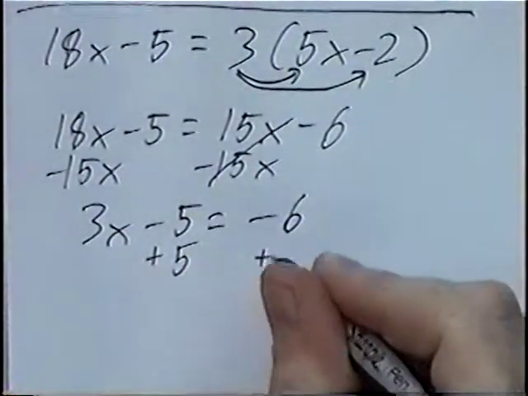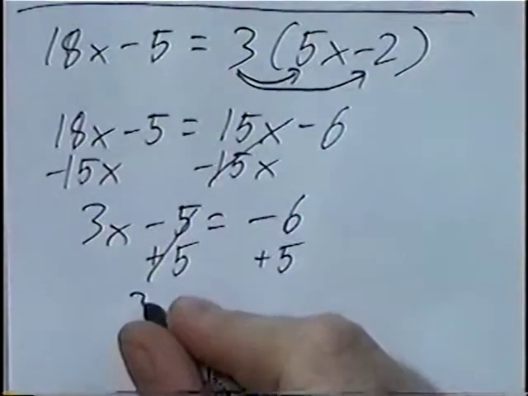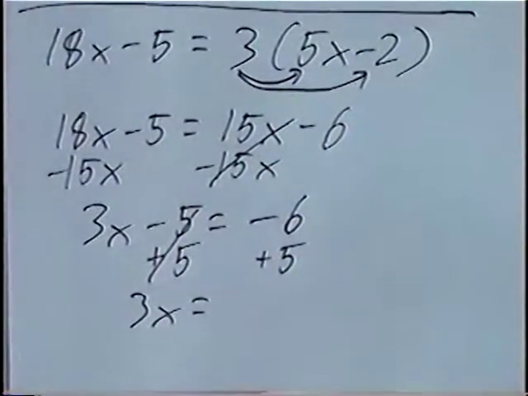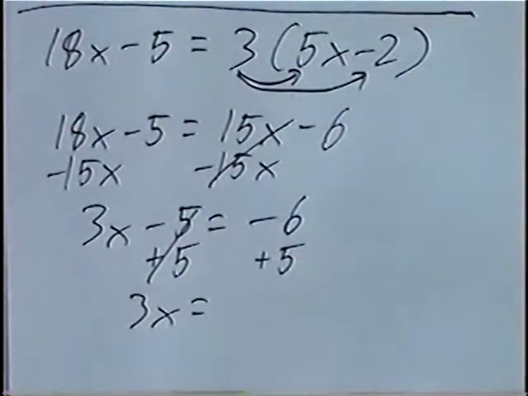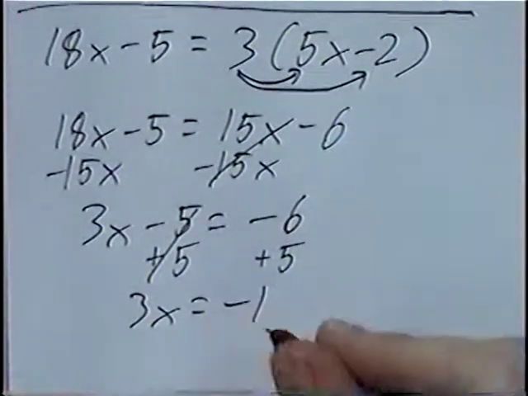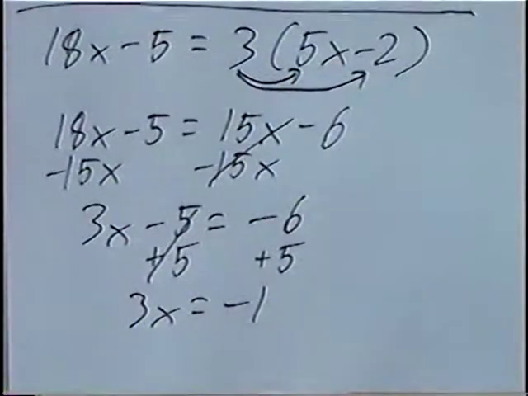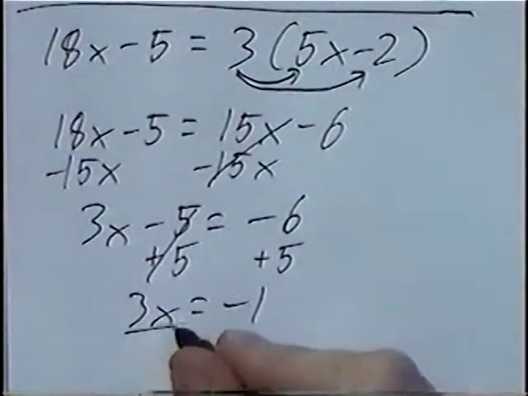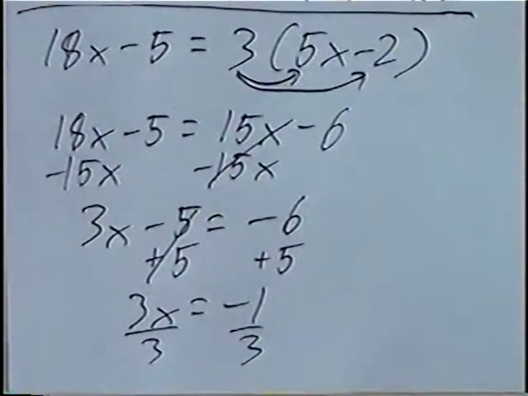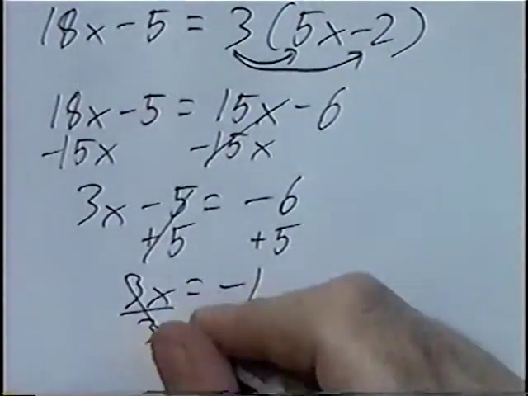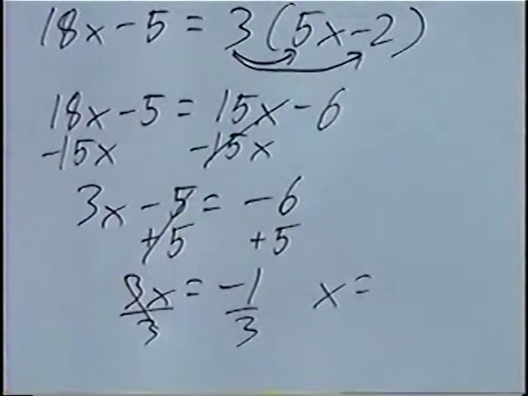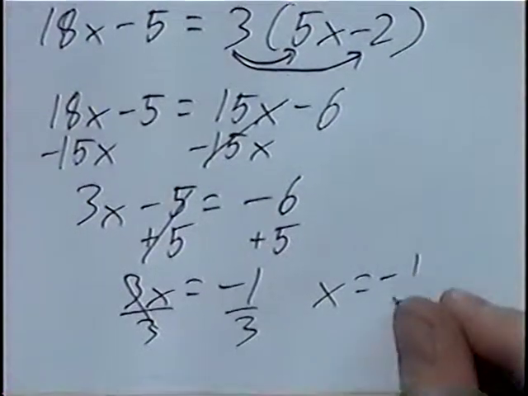Adding 5 to both sides. 3x equals negative 6 plus 5 would be negative 1. Different signs will subtract. The 6 is bigger, so it's negative. And last step, divide by 3. X equals, we'll have the fraction negative 1/3.